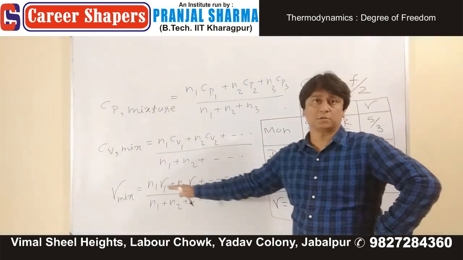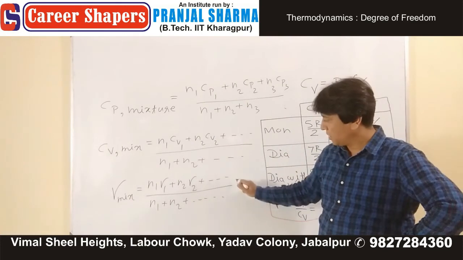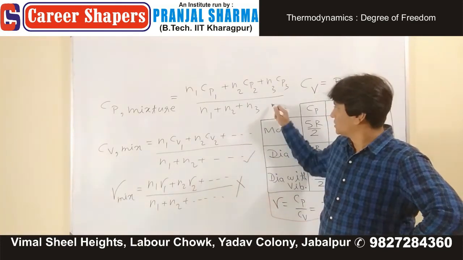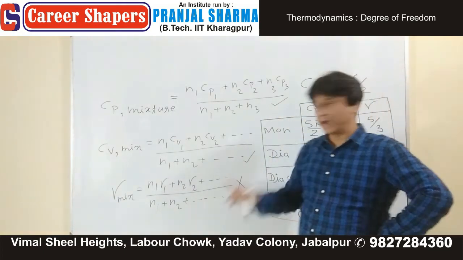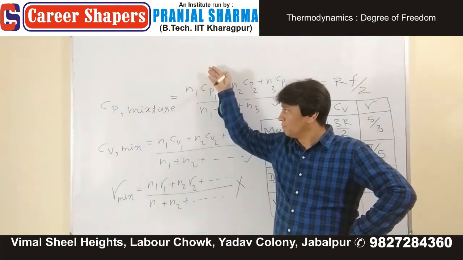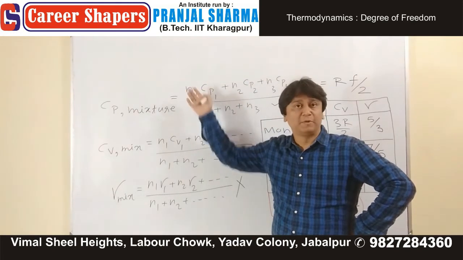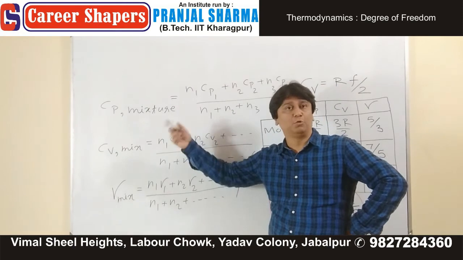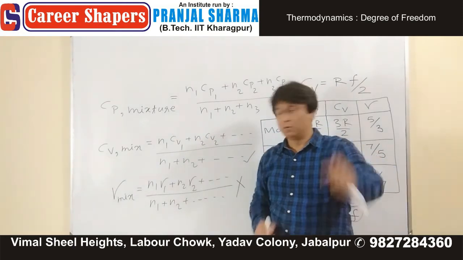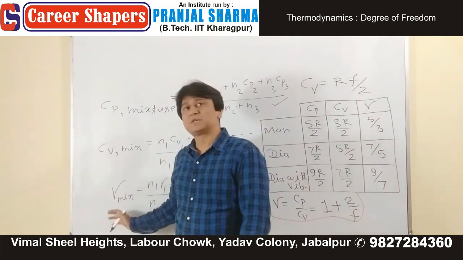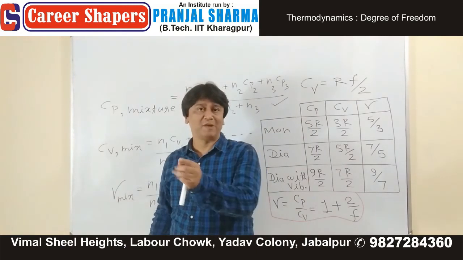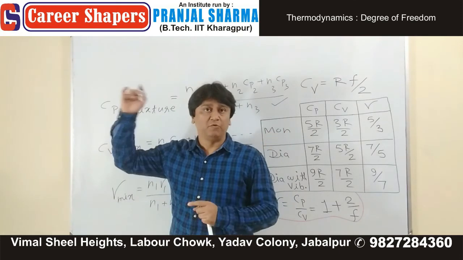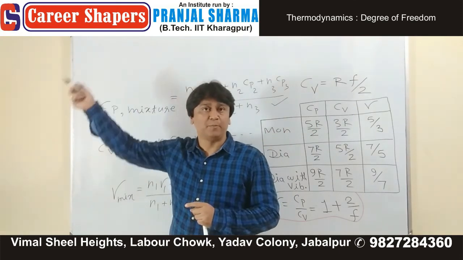Note down this and then make a cross. This is not correct. Don't forget to write this, because many times you will remember gamma also in this form, N1 gamma 1, N2 gamma 2 upon this. No. What was gamma? Gamma was a shortcut when we developed that adiabatic gas equation, PV to the power gamma, where gamma was Cp upon Cv.